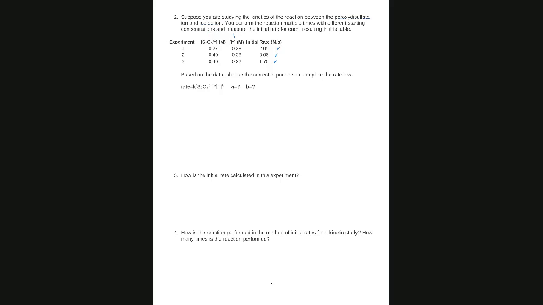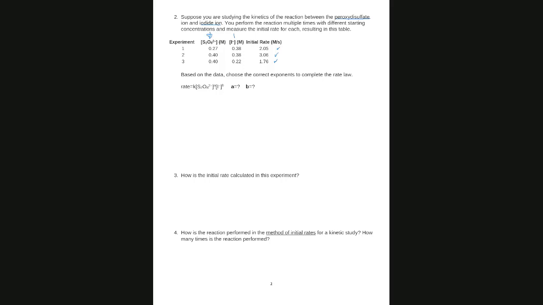So let's say I want to calculate the exponent of peroxide disulfate, this one. This is important because you're going to see this in kinetics a lot.